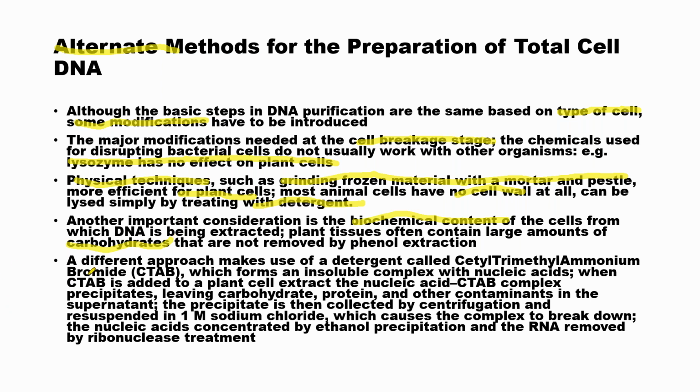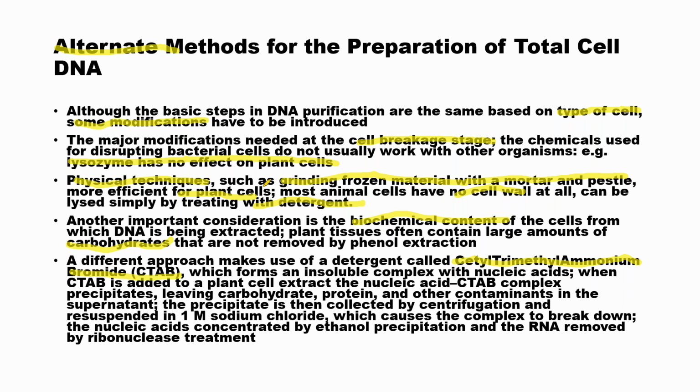Now this is the method. A different method makes use of a detergent. So here also we are using a detergent for plant cell extract. What is the detergent we are using? Cetyl trimethyl ammonium bromide, short form CTAB.